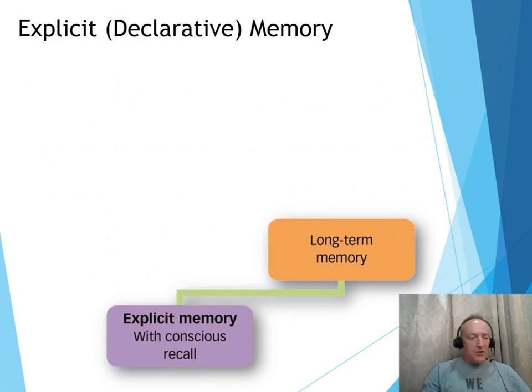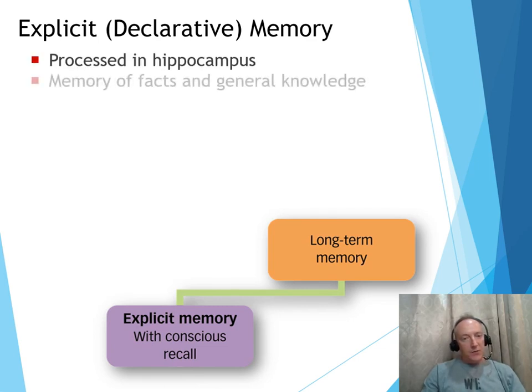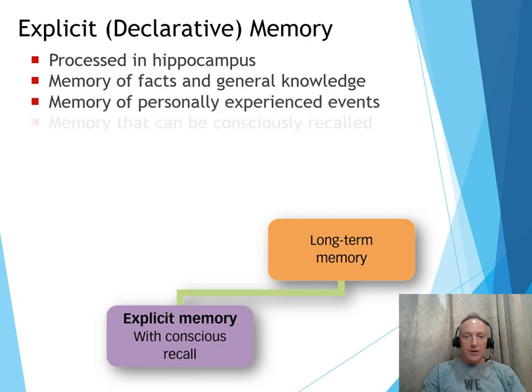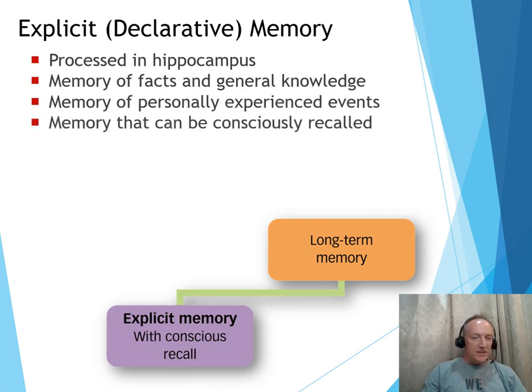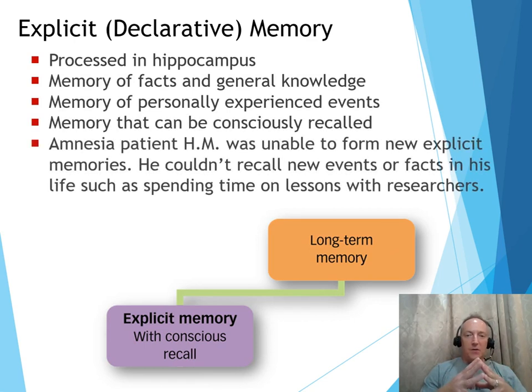So let's refresh our memories with how we categorized different types of long-term memory. So an explicit memory, again, is a memory that is declarative, one that you can put into words and tell somebody about.